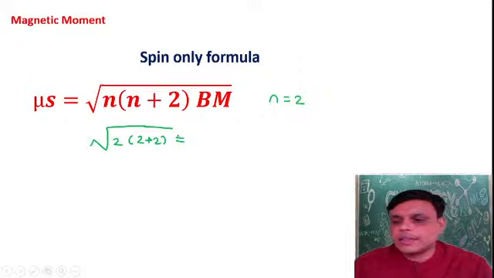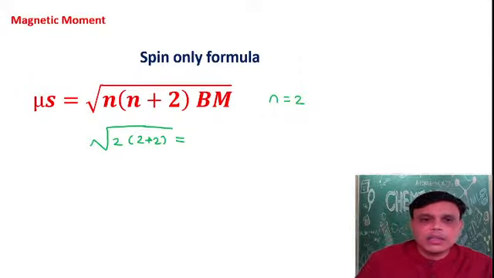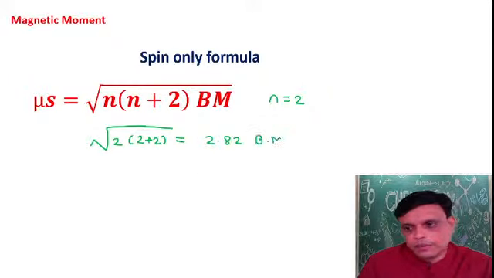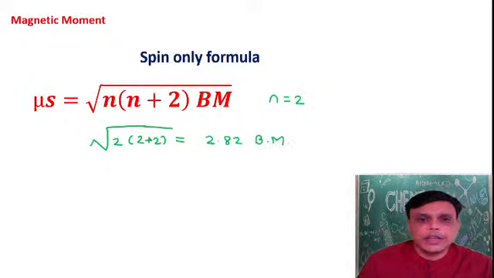If you have a calculator, you can calculate it. Yes, Grisha has calculated it. It is 2.82 bm. Correct. Good. It is 2.82 bm.